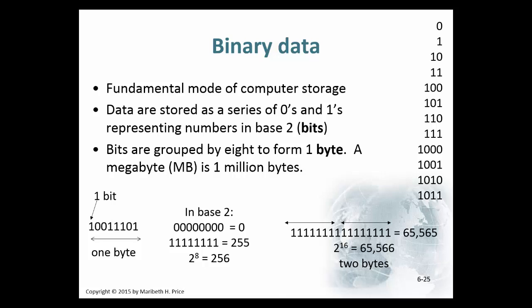Computers store all data in the form of binary numbers, zeros and ones. Combinations of zeros and ones can be used to create any number using the base 2 or binary system.